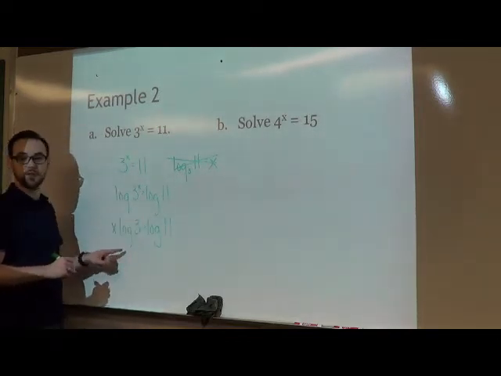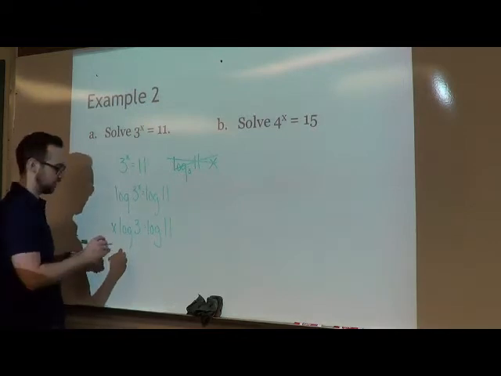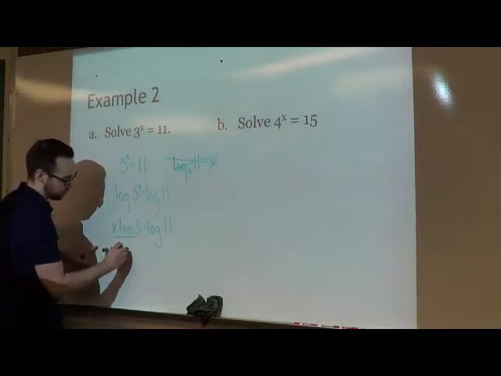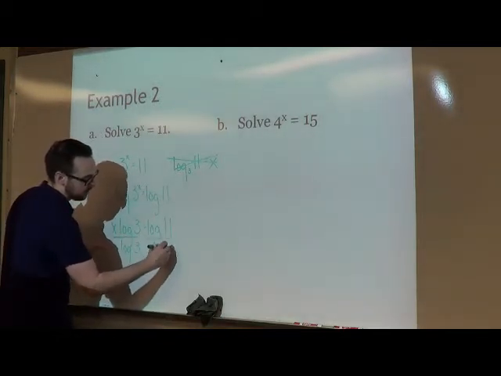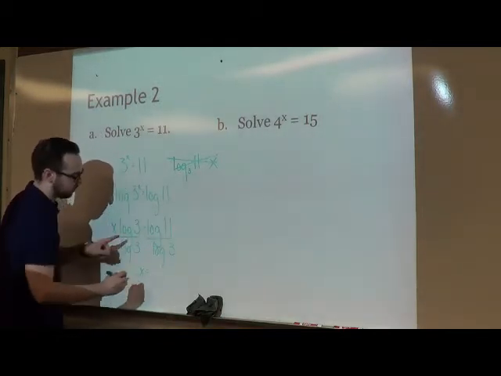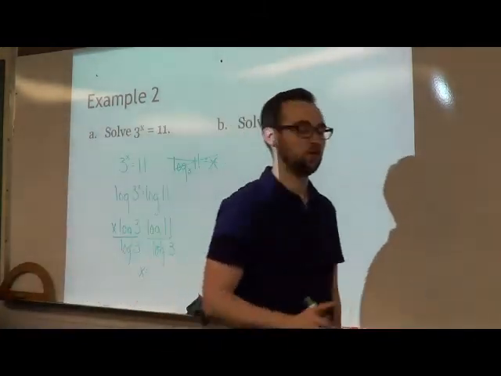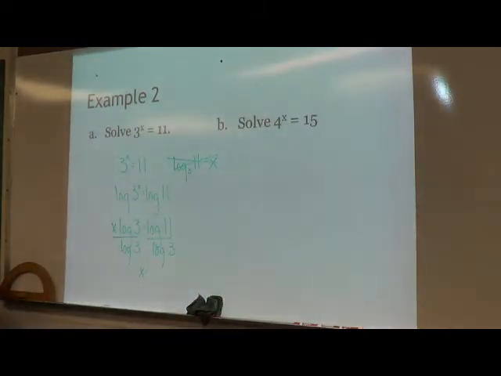Now this log of 3 is just a number. I can put it in my calculator. So I can divide both sides by log of 3. And then in my calculator, I'm going to put in log of 11 divided by log of 3. Now when you do that, make sure to close off your parentheses.